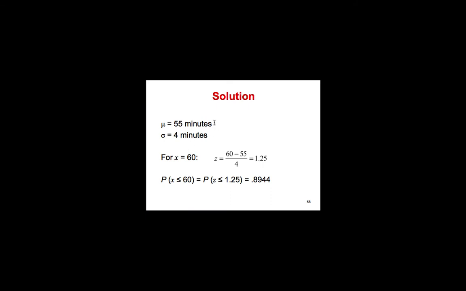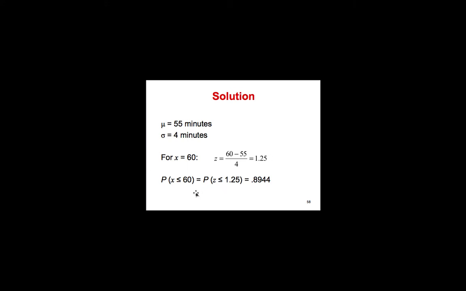So on average, it takes 55 minutes to produce the little toy with a standard deviation of 4 minutes. What's the chance you'll complete it in an hour, in 60 minutes? So we're going to calculate the z-score corresponding to 60, which turns out to be 1.25.